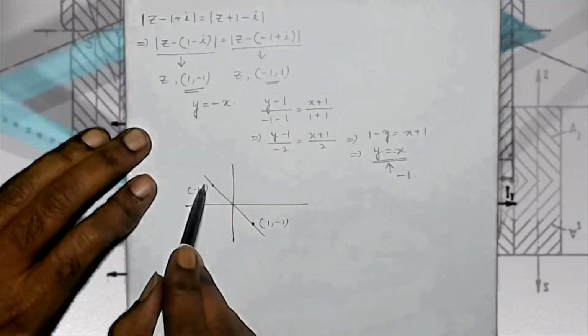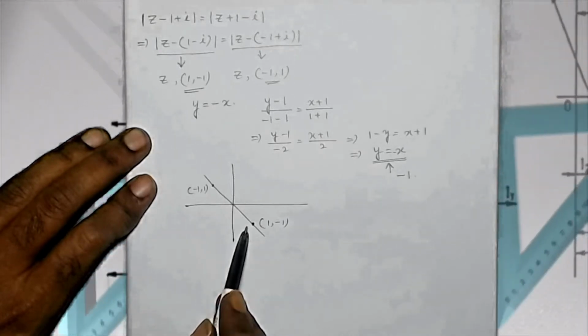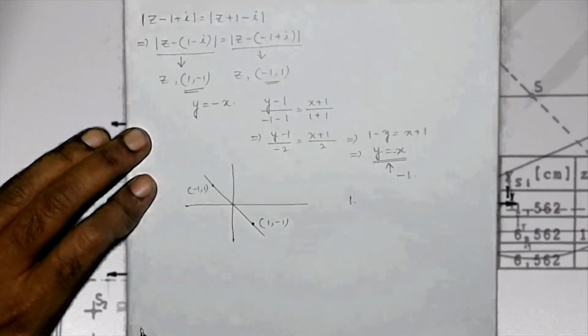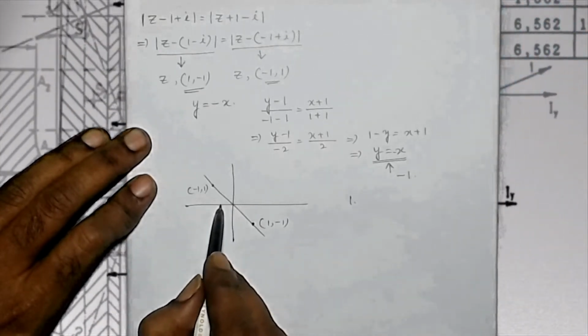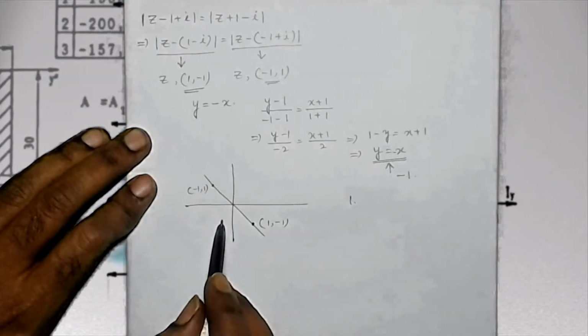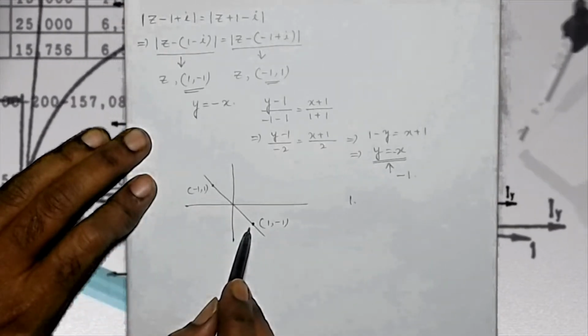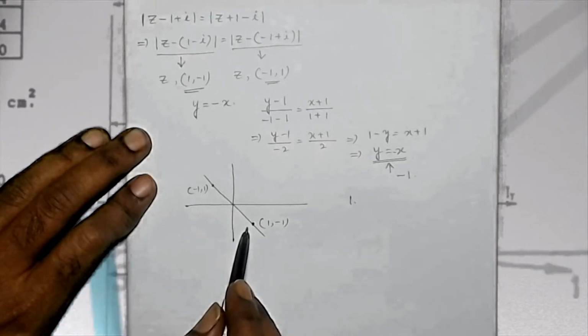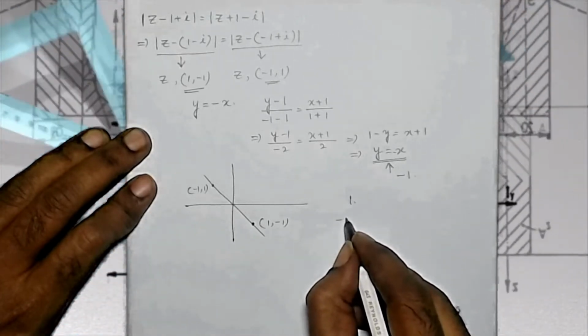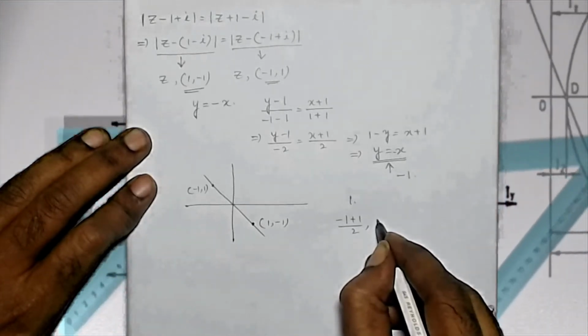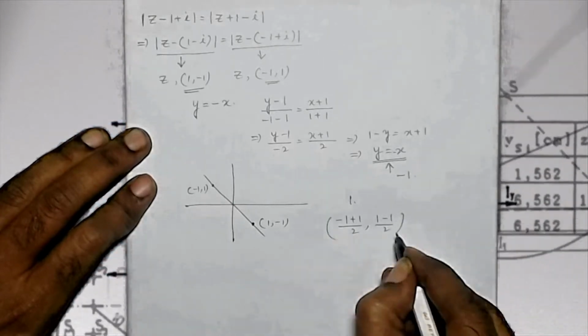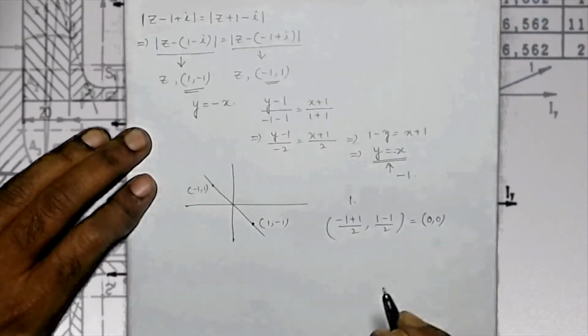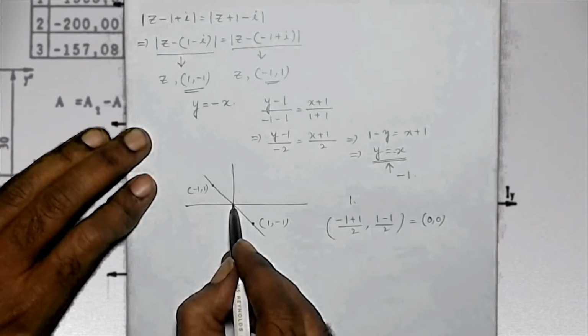Now, any line which is perpendicular to this line will have a slope 1. And if it passes through the midpoint of this line, first of all, we have to find out what is the midpoint of the line joining these 2 points. The midpoint will be, which is nothing but 0 comma 0, which is the origin.